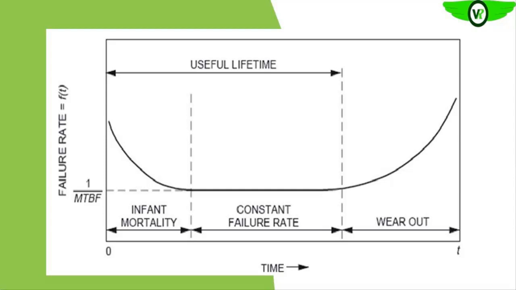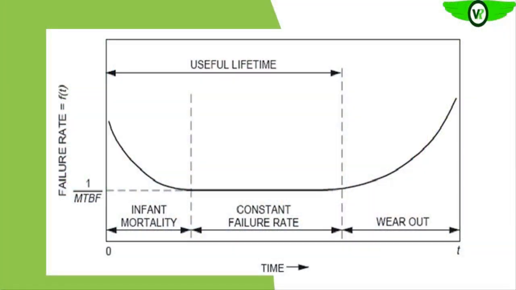That is as a result of maybe installation error, design error, or manufacturing error at the manufacturing plant, and even bringing the equipment from your manufacturer to site, transporting it, not properly handling the equipment during transportation. All of this can induce some fault condition that will result in infant mortality or early failure of the equipment.